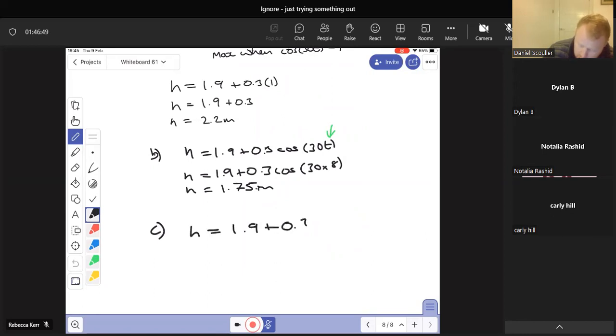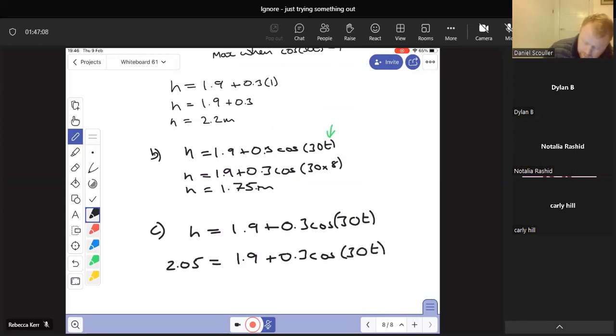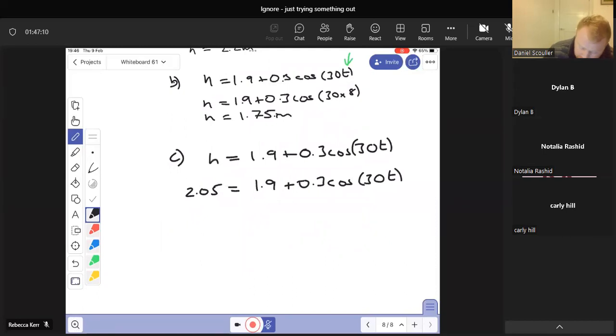Just write out the equation: 2.05 equals 1.9 plus 30t. I'm going to spin it around, write out the exact same equation, but putting my unknown over.